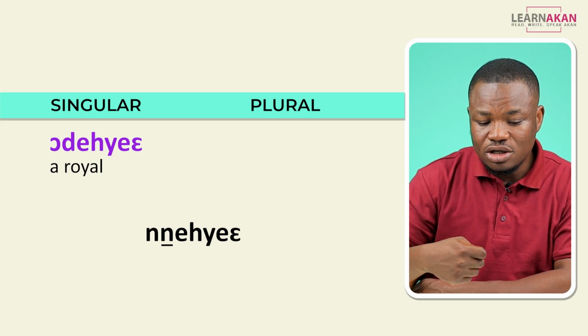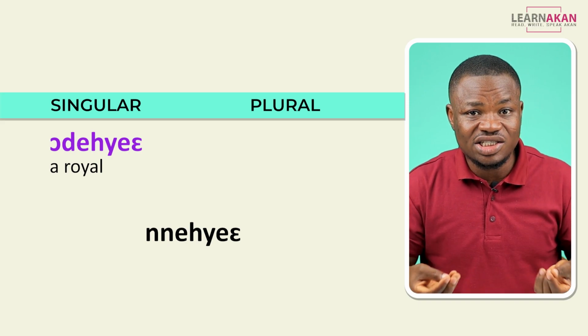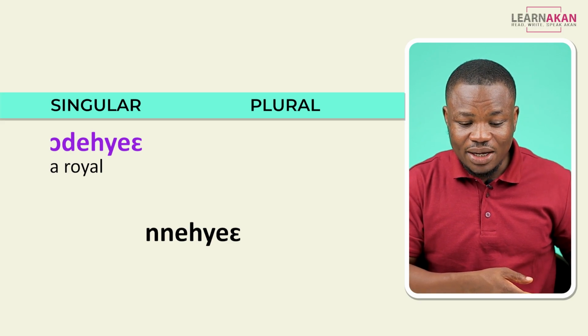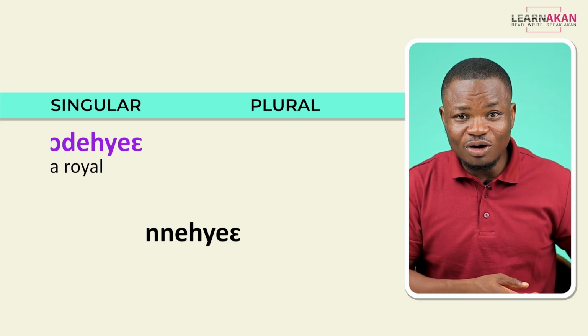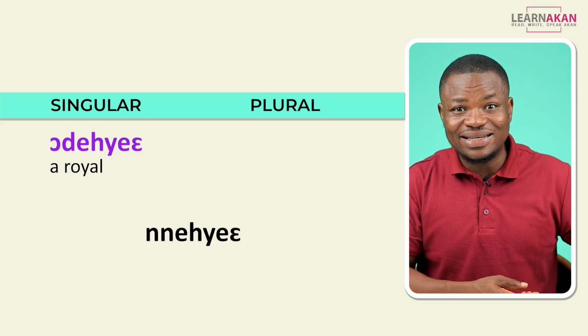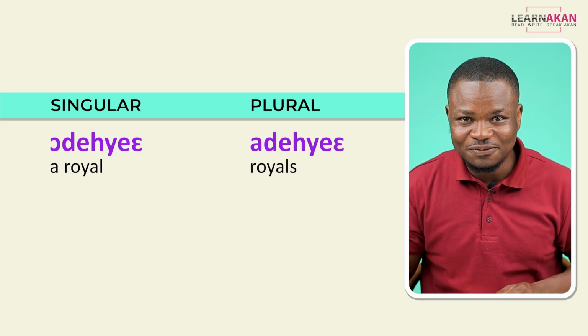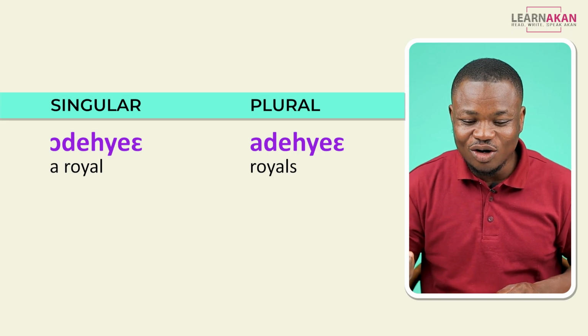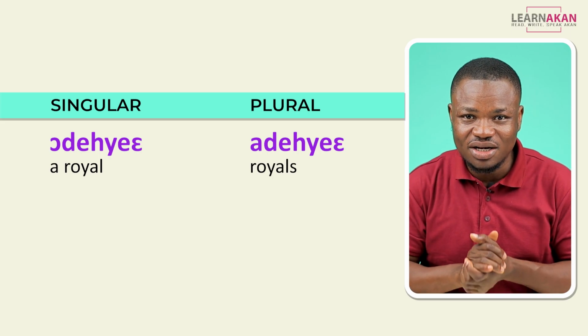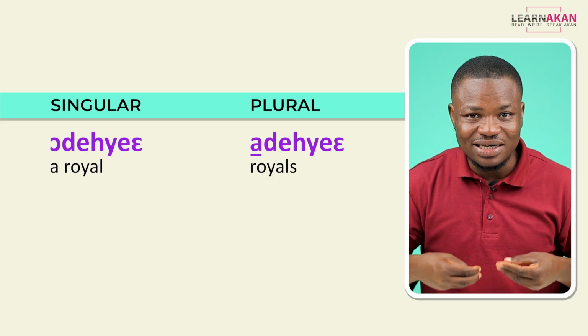So we would have ended up with nicia as the plural form. But no, the plural of auditia is not nicia. The plural of auditia is adicia. Adicia. So instead of attaching n in front, we attach a as in a.